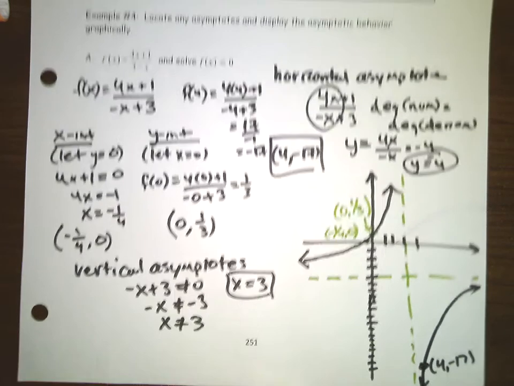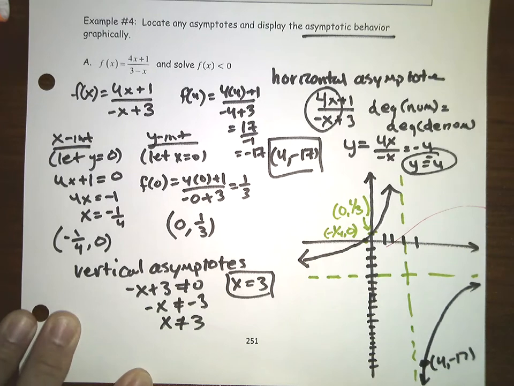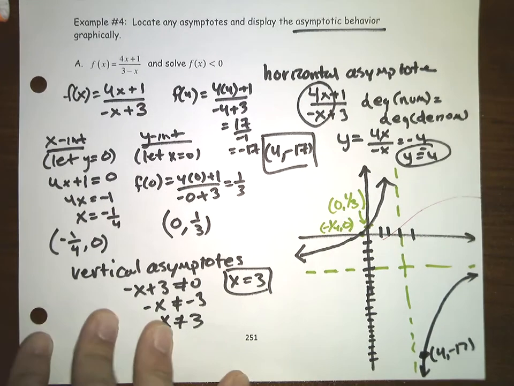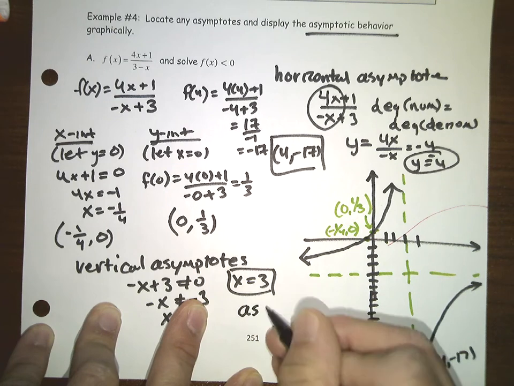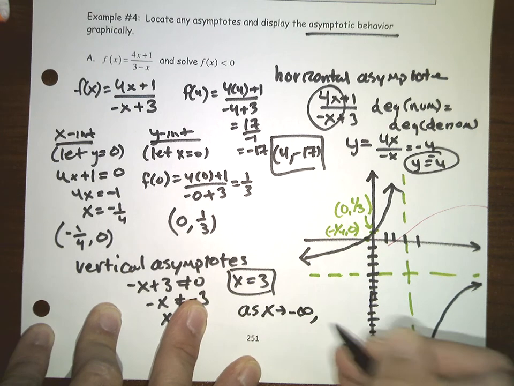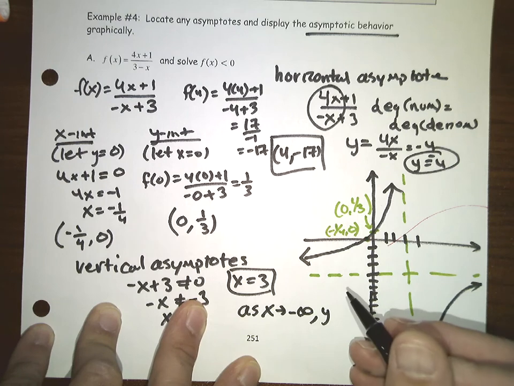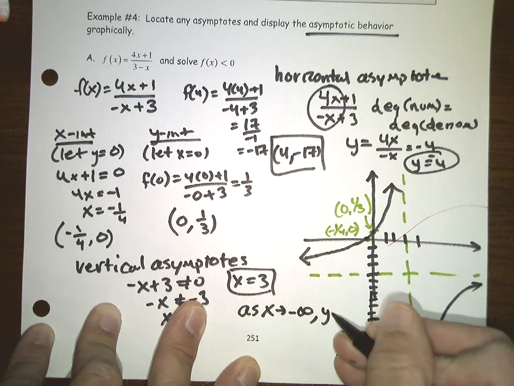So now it did ask for the asymptotic behavior, but all that means is what is happening as x goes to -infinity, then that means y is actually going toward, what is it, -4.